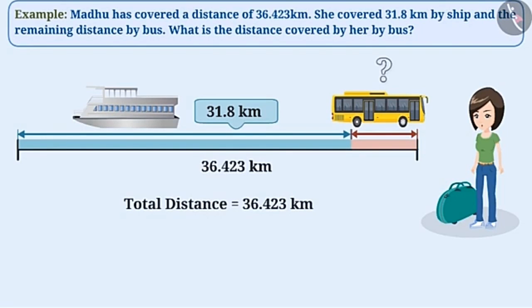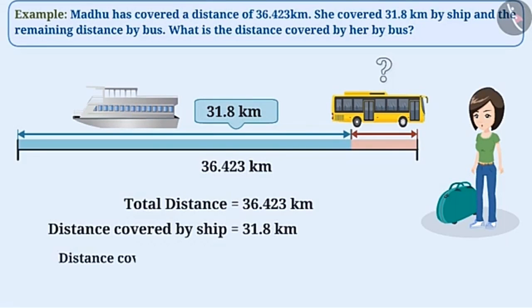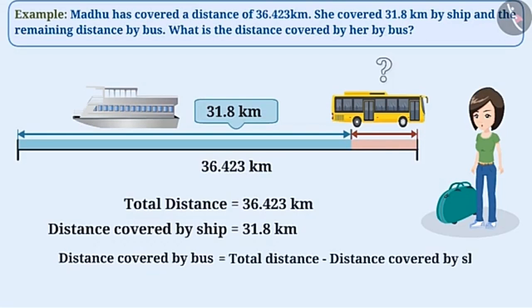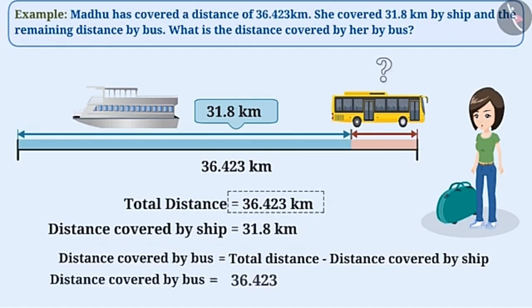Out of this, she covered 31.8 km by ship. We need to find the distance covered by her by bus. In order to find this, we need to subtract the distance covered by ship from the total distance she has travelled. Therefore, the distance covered by bus is equal to 36.423 km minus 31.8 km.